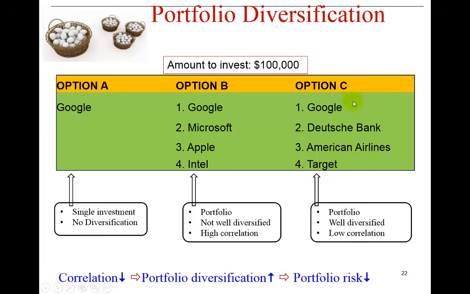So because in portfolio C, these securities have a low correlation, or if you like, low covariance, they are well diversified, and as a result will accomplish your goal of risk minimization, which is the reason why we choose to invest in portfolios. It's not returns maximization.